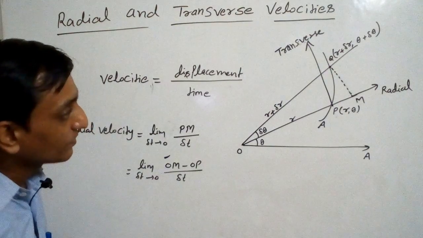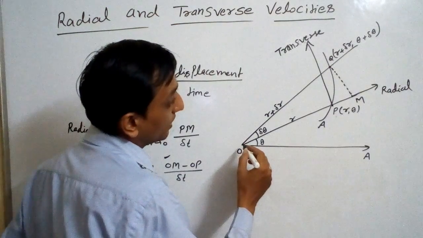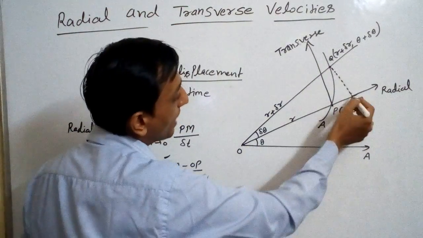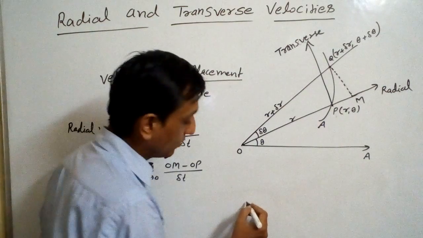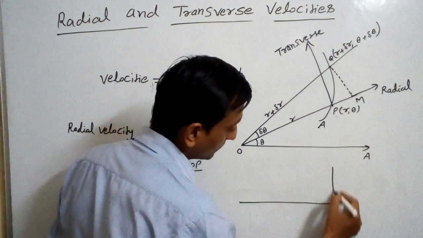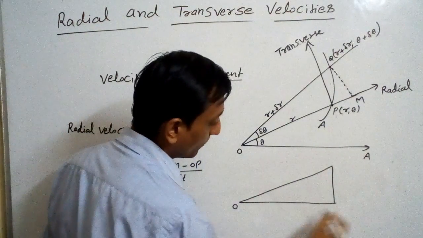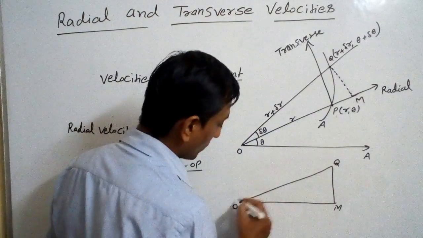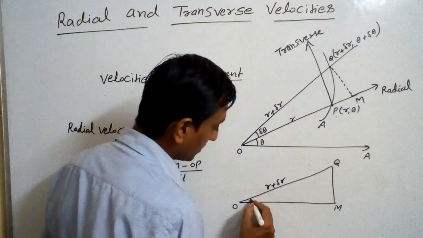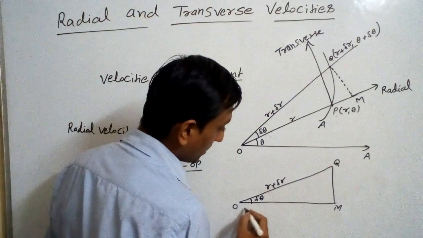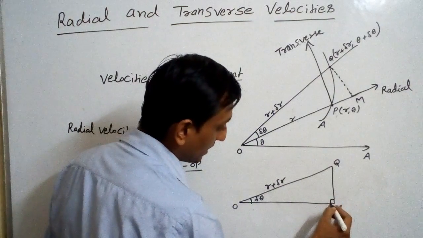So what is OM? We easily calculate OM with the help of this right angle triangle OMQ. So I draw this right angle triangle here, OMQ. OQ is r plus delta r, this angle is delta theta, and this is the 90-degree angle.